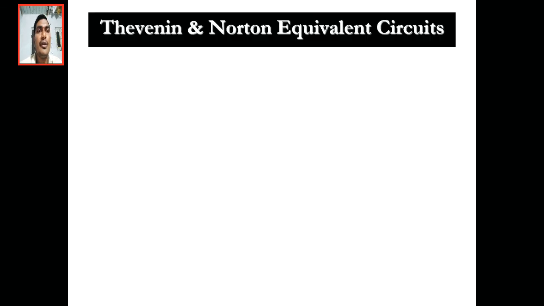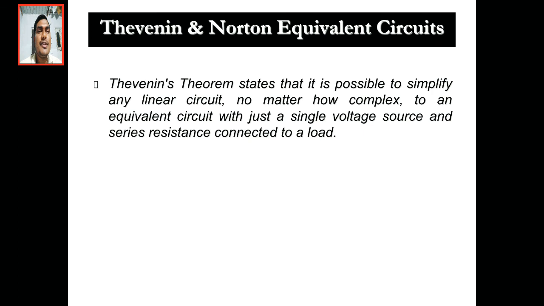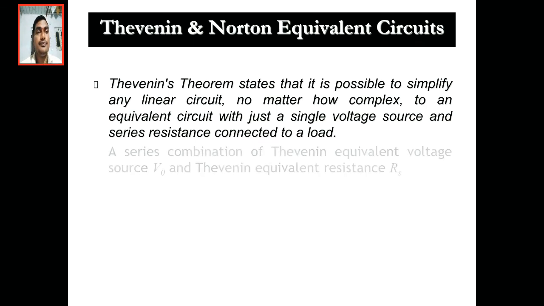Okay, so I will briefly explain what we have discussed in Thevenin and Norton's equivalent circuits. Thevenin's theorem states that it is possible to simplify any complex circuit into one equivalent circuit that consists of a single voltage source in series with a single resistance, connected in series with the load.